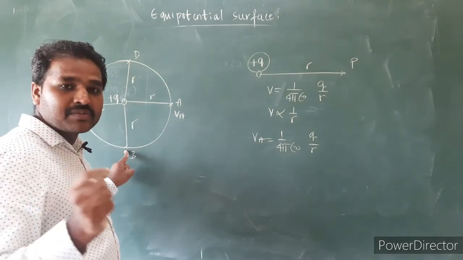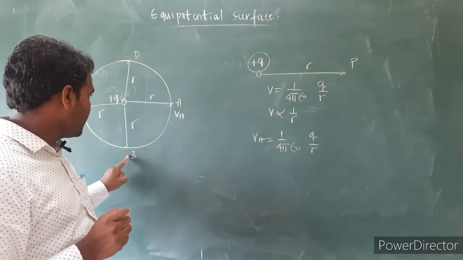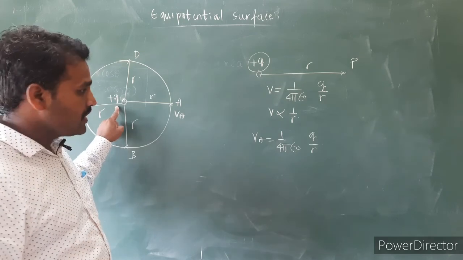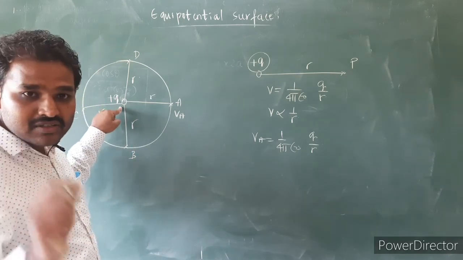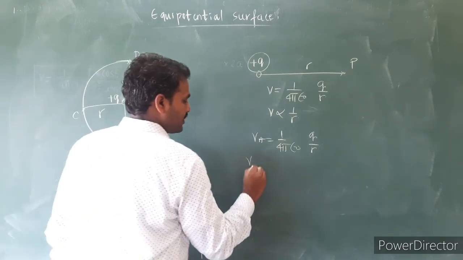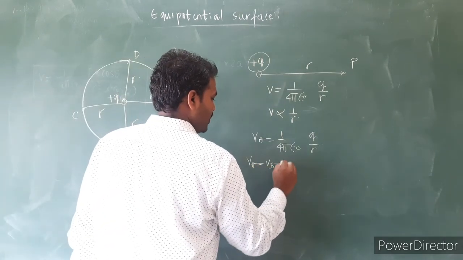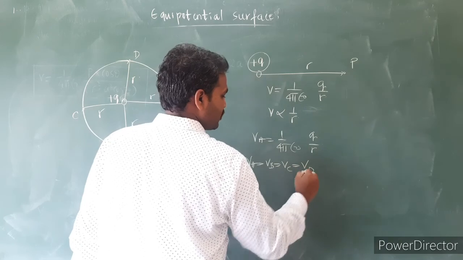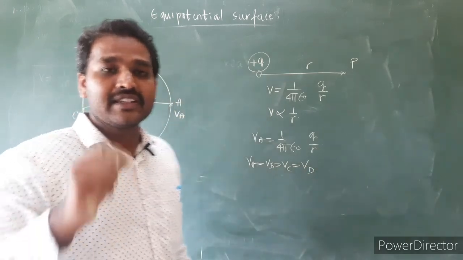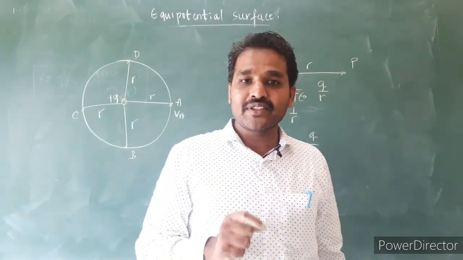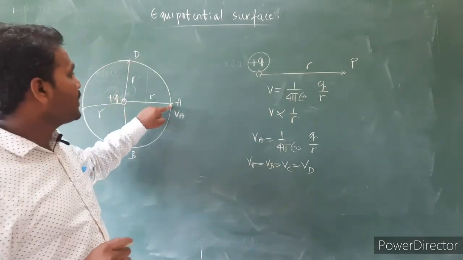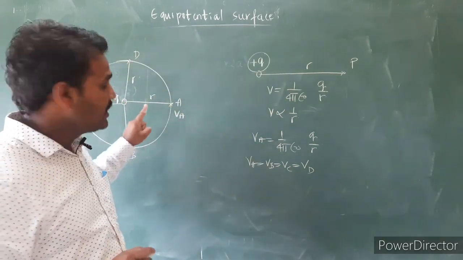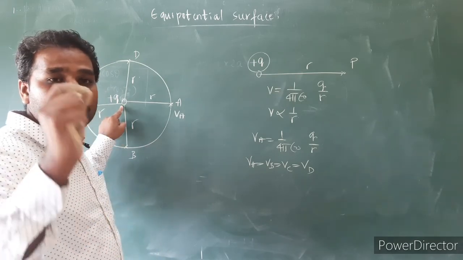Similarly, if I write the expression for electrostatic potential at B because of the source charge, that is also the same, because the distance is the same and the source charge is also the same. So, I can simply write VA is equal to VB is equal to VC is equal to VD. If you consider any number of points which are equidistant from the source charge, at every point the electrostatic potential will be the same.